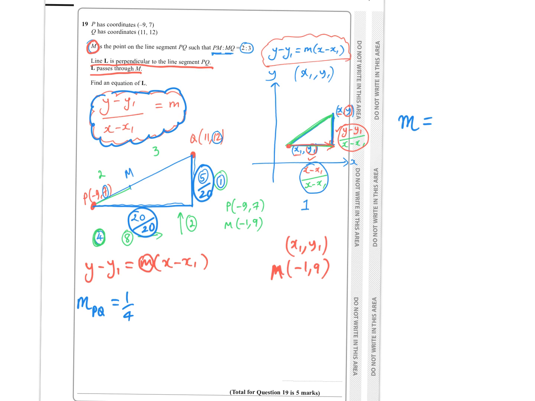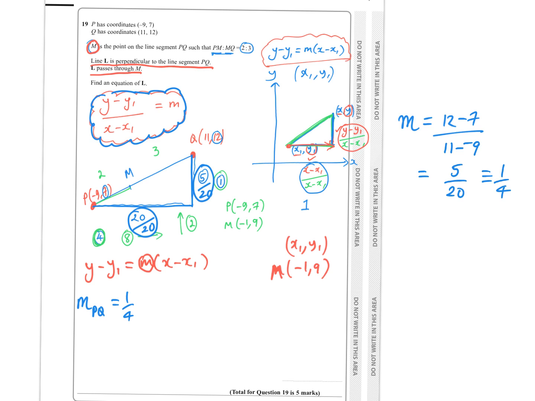So I'm going to do 12 take away 7 divided by 11 take away -9. So that gives me 5 over 20, because 11 take away -9 is 11 add 9, and that also gives me a quarter. So I'm sure you've got your own way of finding the gradient there.